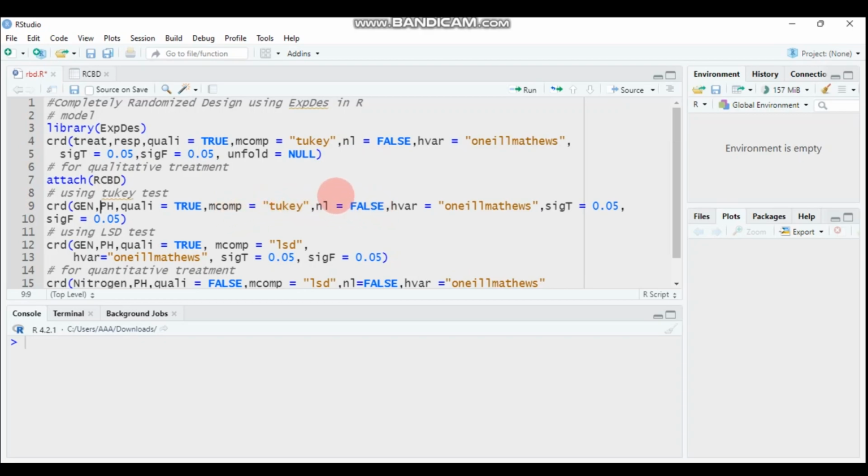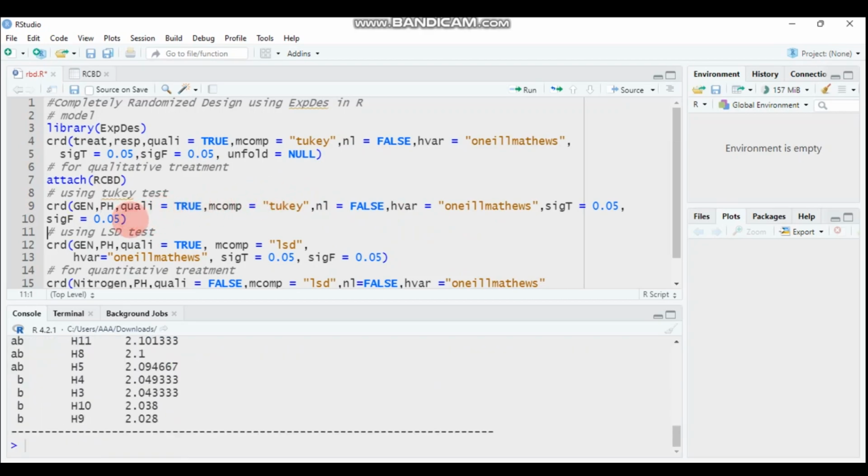And again, here is the linear regression. We are considering adjusting the linear regression, so false is the default, and you are telling R not to adjust the linear regression. And hvar is the checking of equal variance among the groups, or homogeneity of variance, or homoscedasticity. So type this and submit to RStudio.